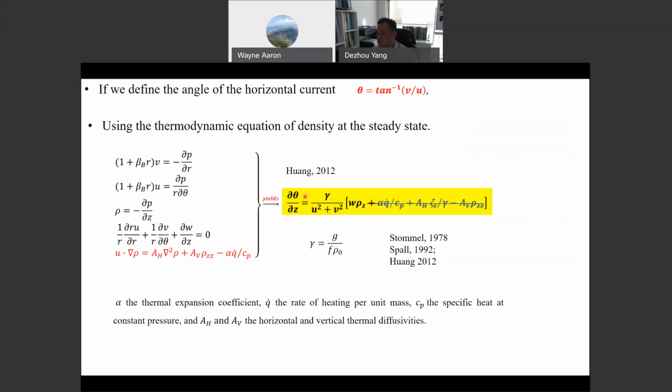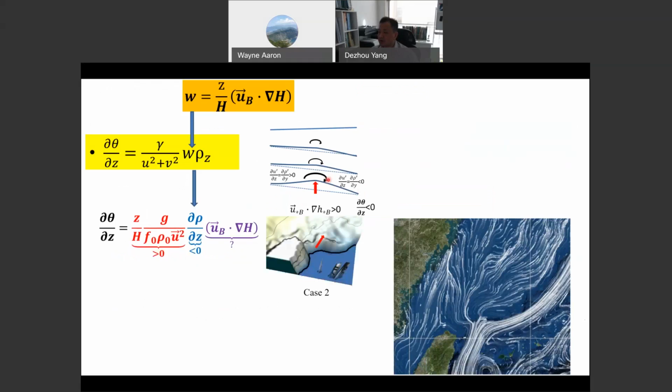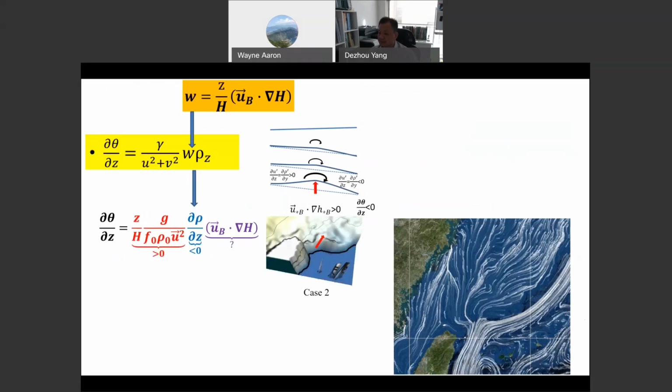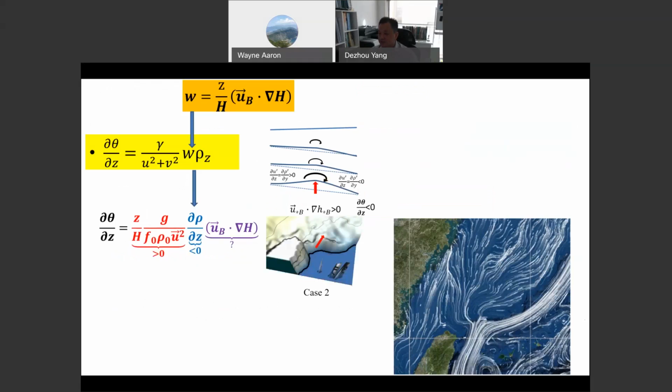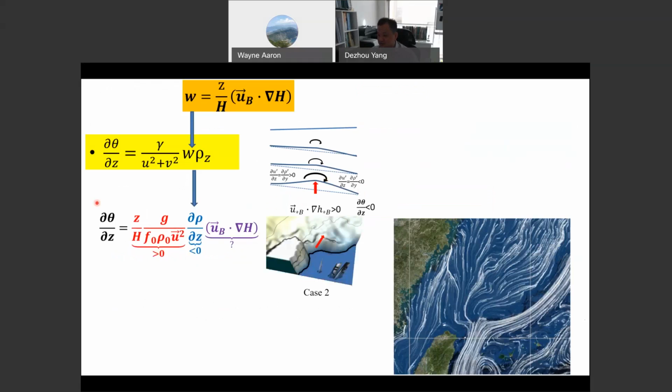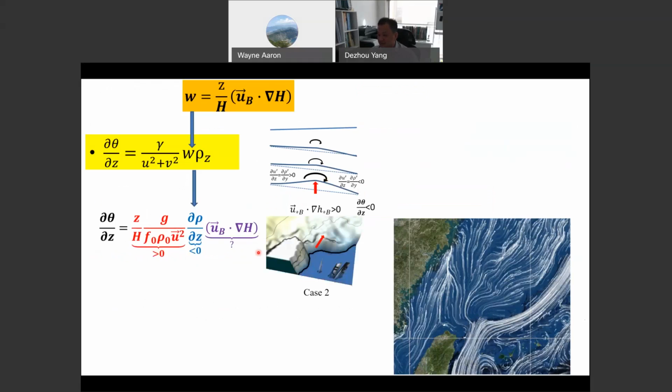It is related to this partial theta, partial z, with vertical velocity and stratification. If we plug our vertical velocity into this term, we can get a very interesting relation like this.